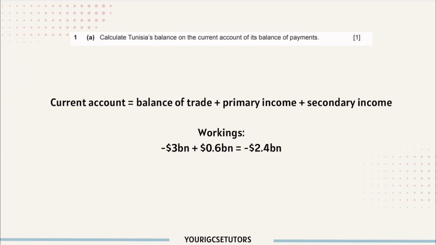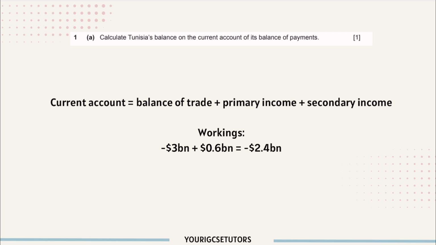Question 1A. Calculate Tunisia's balance on the current account of its balance of payments. So first, we need to know the formula of the current account. The general equation is balance of trade plus primary income plus secondary income.